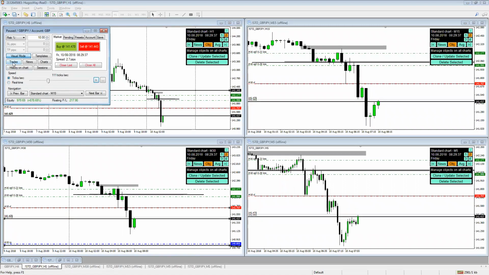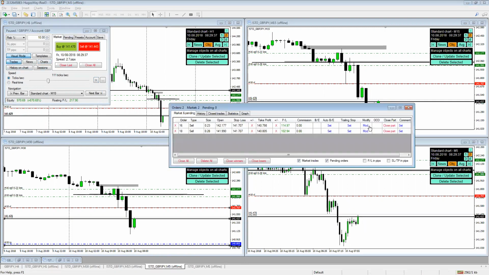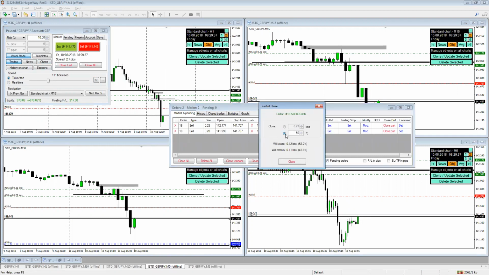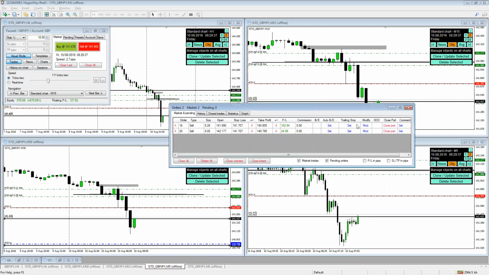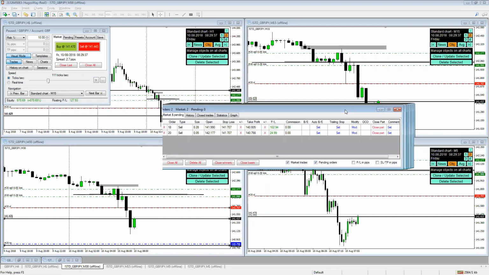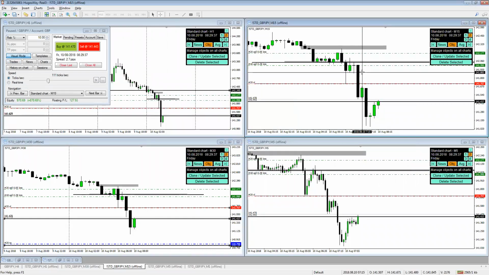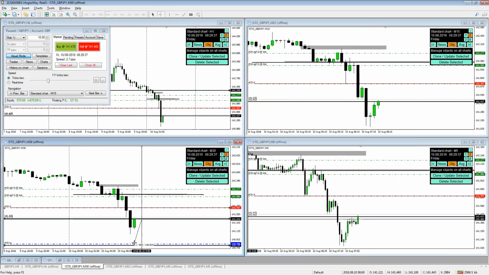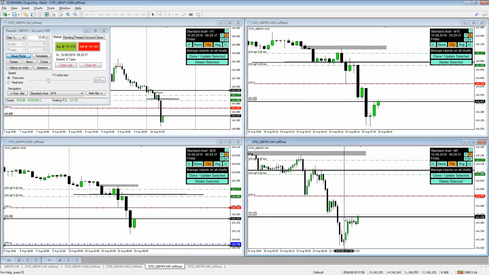I'm going to take some profit here. Because that's supposed to be my T2. Yeah, that's true. Target 2, so I'm going to just take some here. Where would it retrace to? 60 pips.